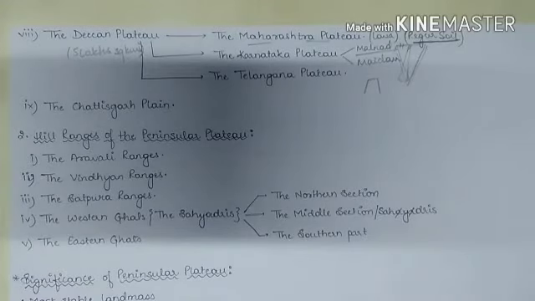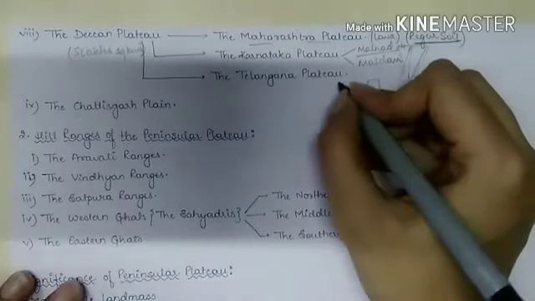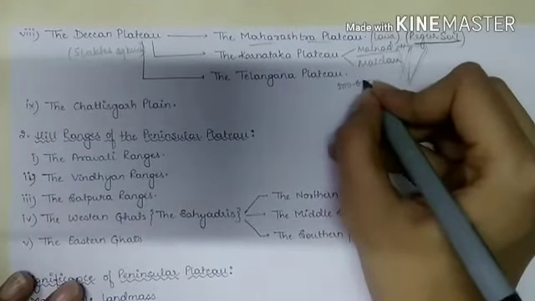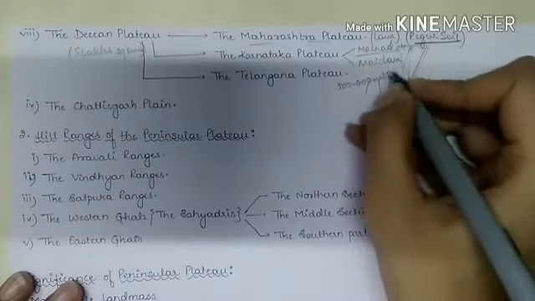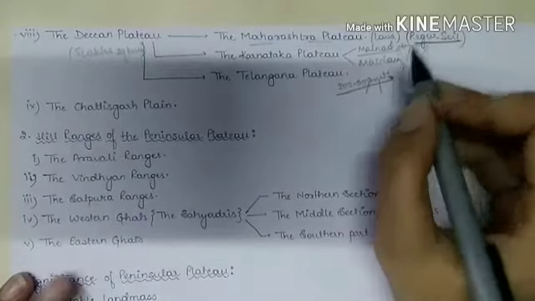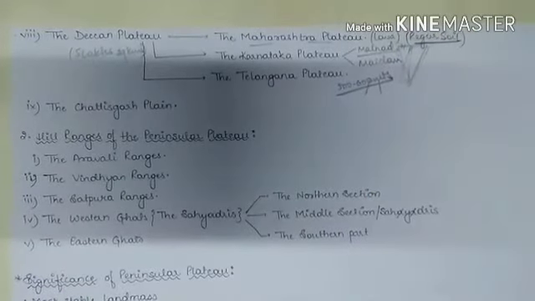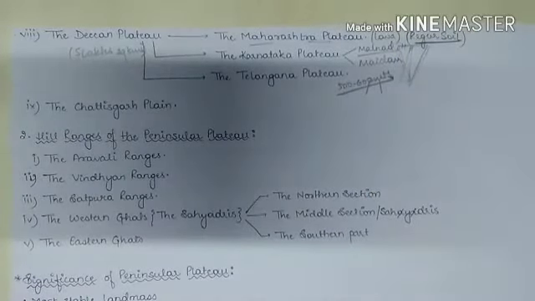Then lastly in the Deccan Plateau we have the Telangana Plateau. It consists of Archean mesas at an average elevation of 500 to 600 meters. The southern part of the area is higher than its northern counterpart.